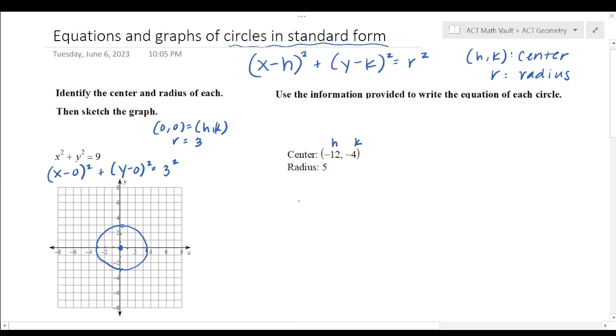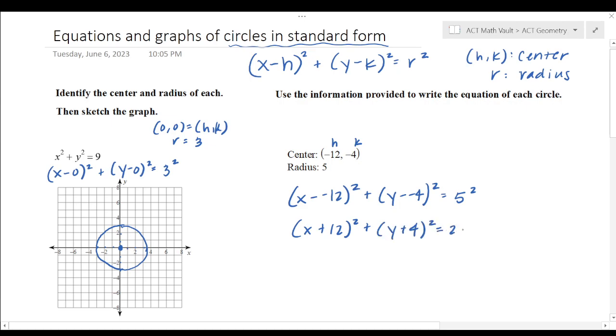Well, isn't that just (x minus negative 12) squared plus (y minus negative 4) squared equals 5 squared. Radius is 5, plug it in there. And then our final answer here is just (x plus 12) squared plus (y plus 4) squared equals 25.